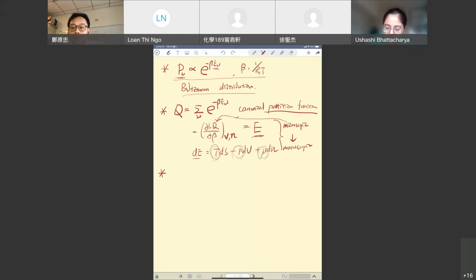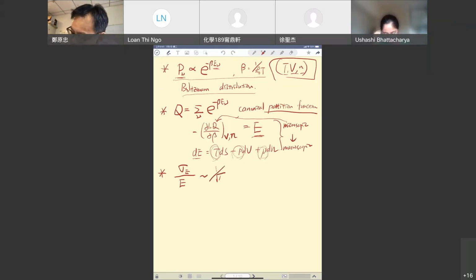In the last part of our previous lecture, we showed the standard deviation of energy, in the fixed temperature case, at fixed temperature, volume, and number of particles. Energy can fluctuate because the system can still exchange energy with the thermal bath. But this fluctuation, measured by the standard deviation of energy divided by the real energy value, is a ratio that actually grows like 1 over square root of N, where N is the number of particles in the system.